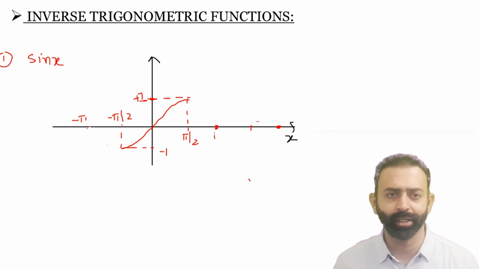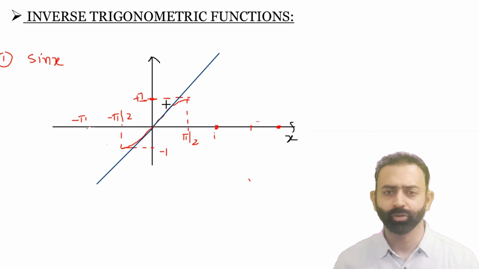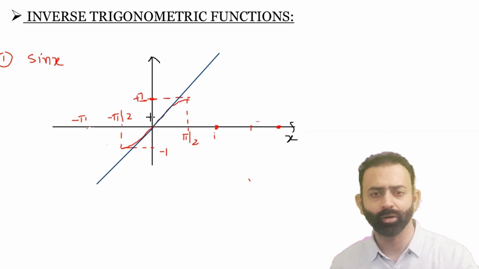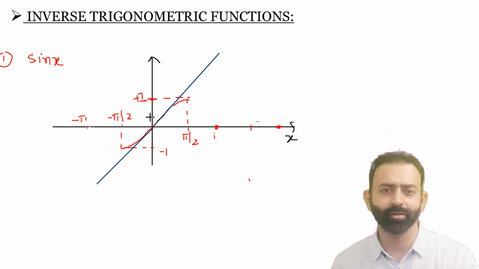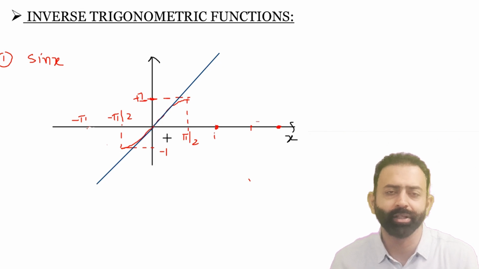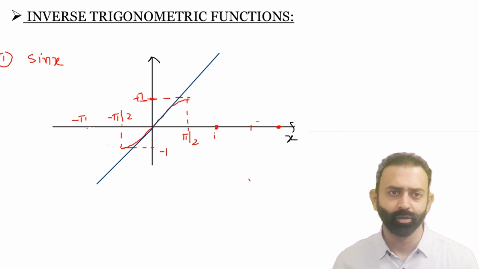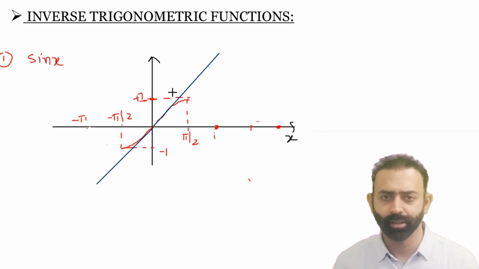We will draw a straight line, y equals x. So it is the mirror image. Sine inverse x will be the mirror image of the graph of sine x between these two domains. Let me draw the sketch for you. It is like this.